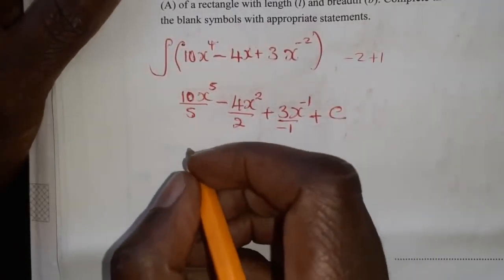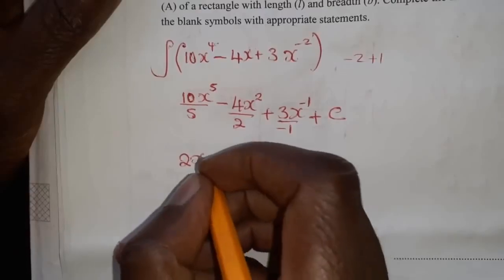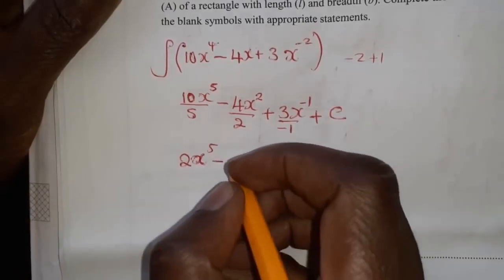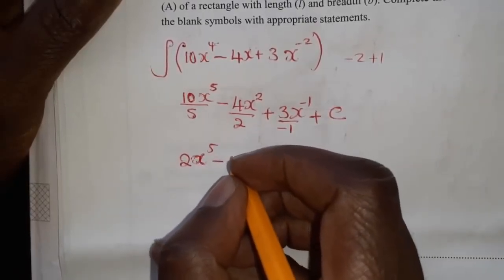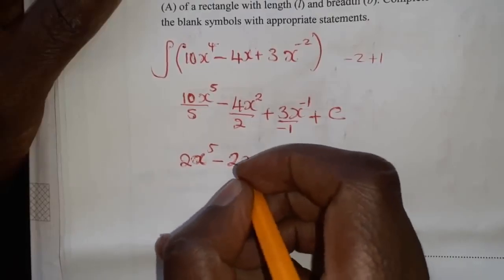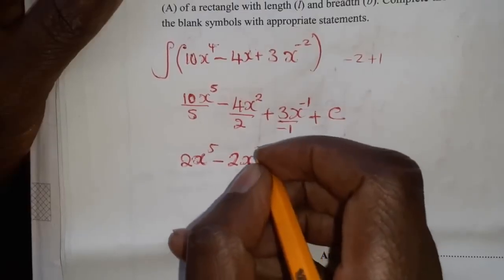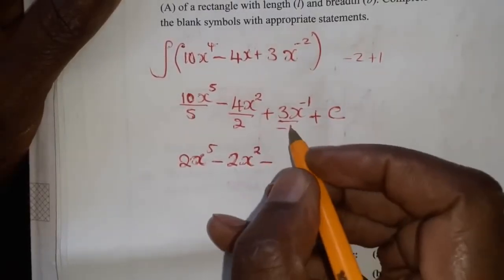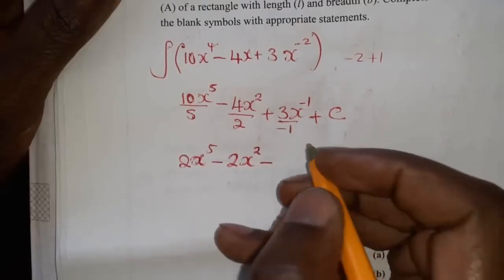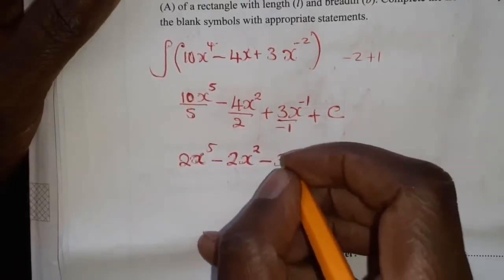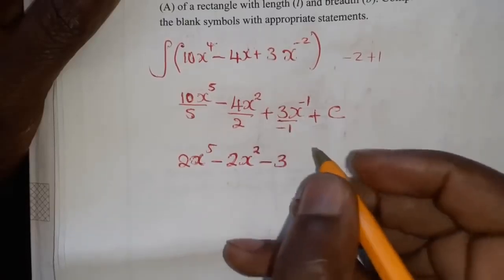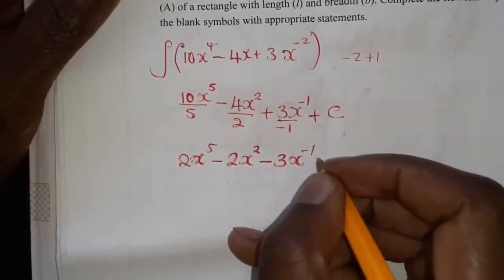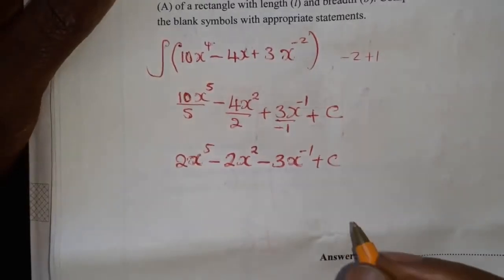This you divide. When you divide, what do you get? You get 2x to the power 5, minus 2x to the power 2, minus, this is going to be minus because of this one, 3x to the power negative 1, plus c.